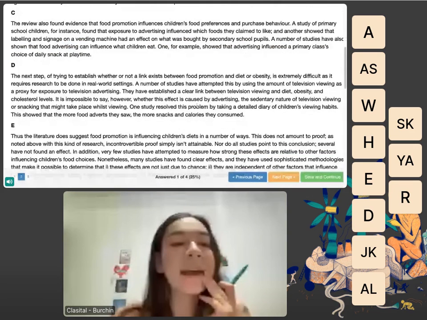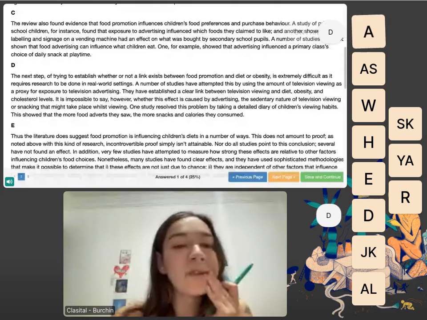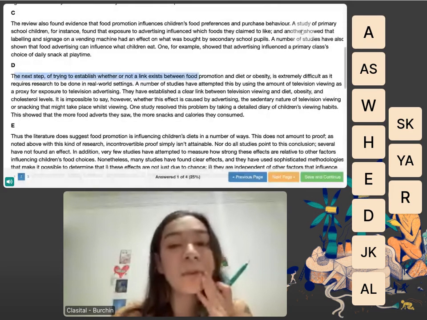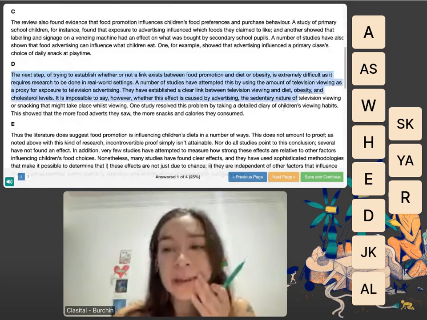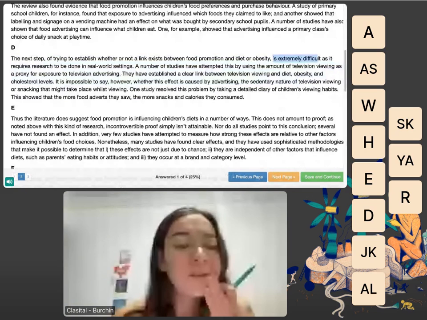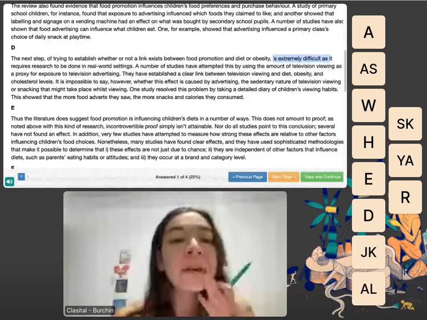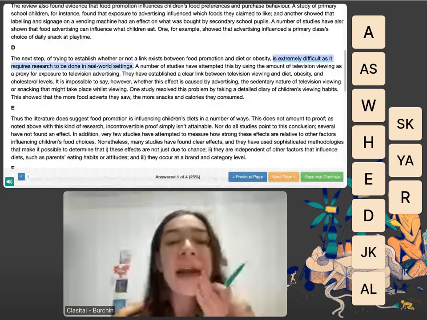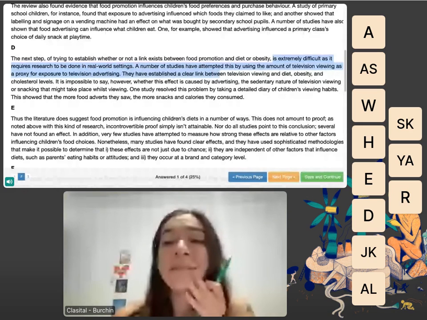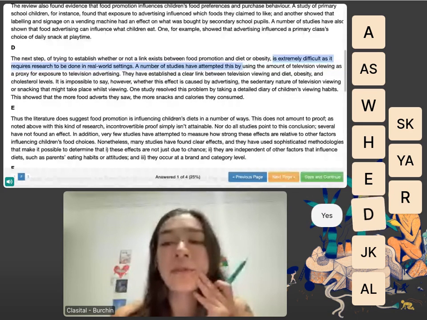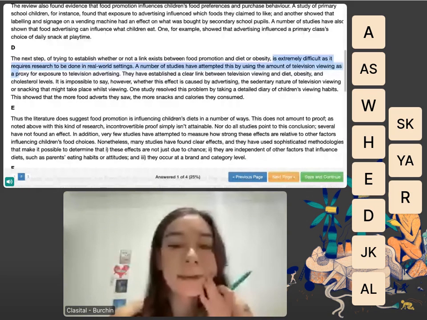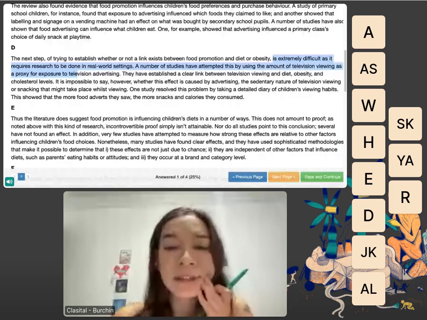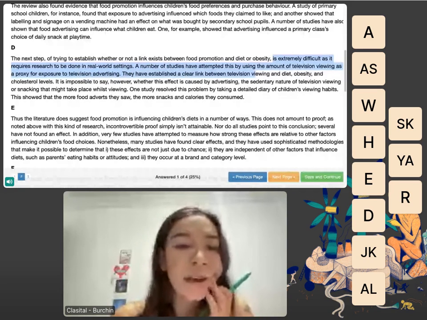The next step of trying to establish whether or not a link exists between food promotion and diet or obesity is extremely difficult as it requires research to be done in real-world settings. A number of studies have attempted this by using the amount of television viewing as a proxy for exposure to television advertising. They have established a clear link between television viewing and diet, obesity, and cholesterol levels.